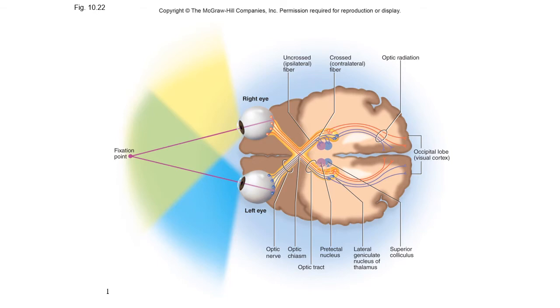What you're going to notice at the back of this brain picture is that all of those signals are converging in the occipital lobe. The occipital lobe of the brain is in the back, and its job is to process vision, which is why if you have an accident where you hit the back of your head and lose consciousness, you often have blurred vision temporarily until that occipital lobe, which controls vision, is healed.